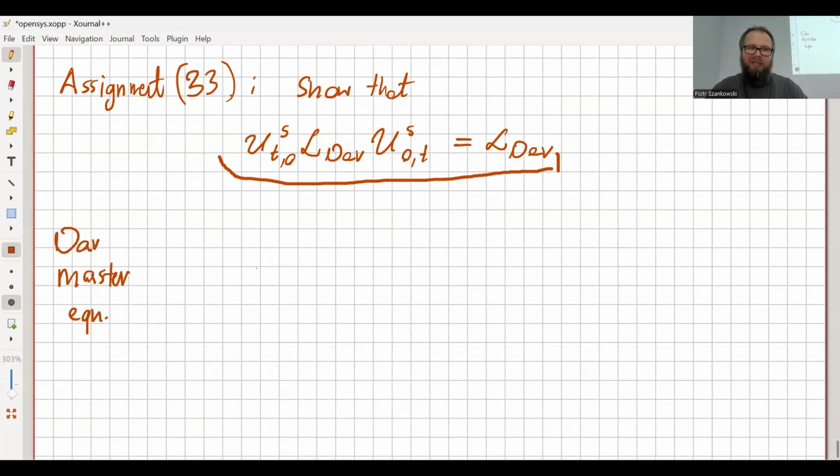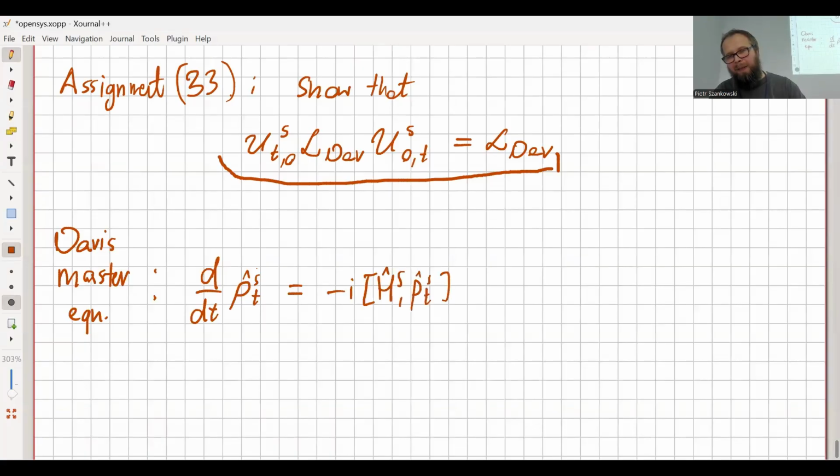The Davis master equation for the density matrix rho S of t: d rho S over dt equals minus i commutator of H S with rho S of t, minus lambda squared L Davis rho S of t. Okay, that's a master equation. Very good.